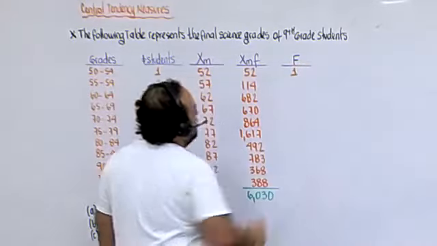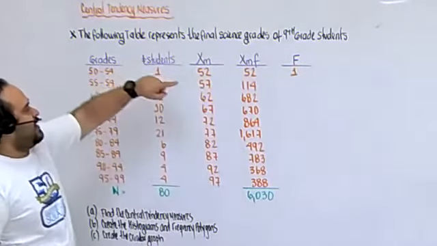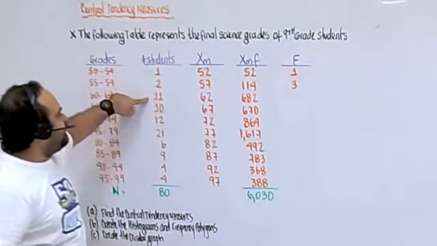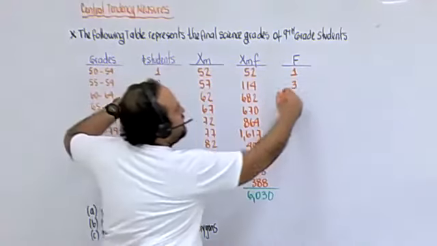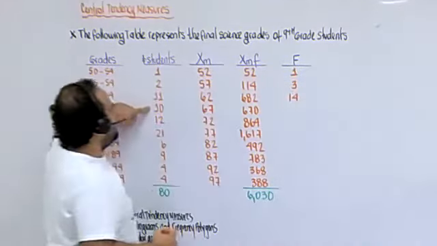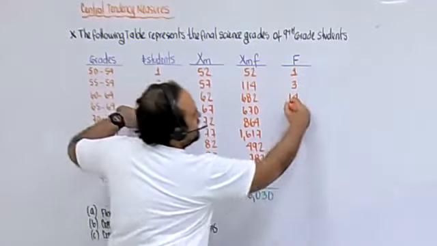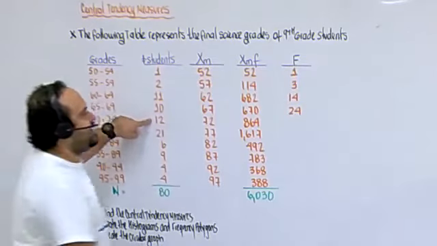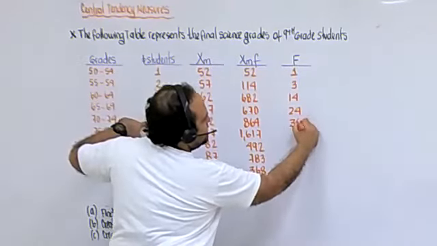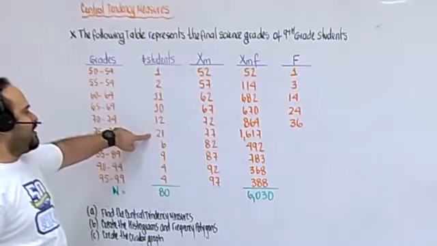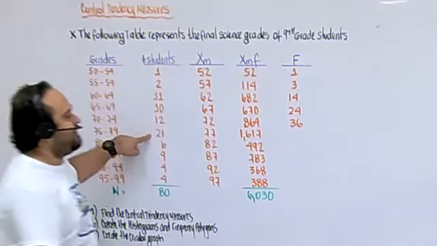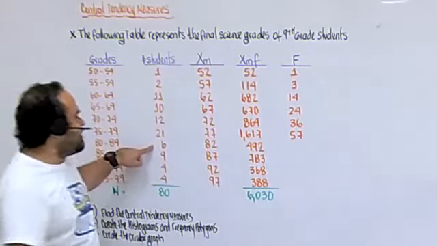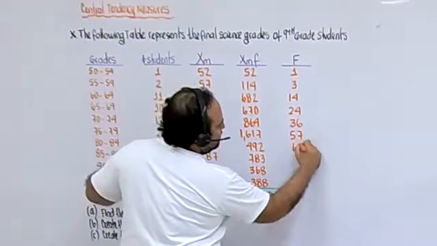Well, in the second one, we're going to add 1 plus 2 will be 3. 3 plus 11 will be 14. 14 plus 10 will be 24. Plus 12, that will be 36. 36 plus 21 will be 57, right? 57 plus 6 will be 63.